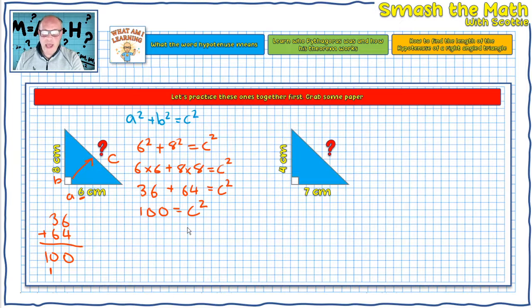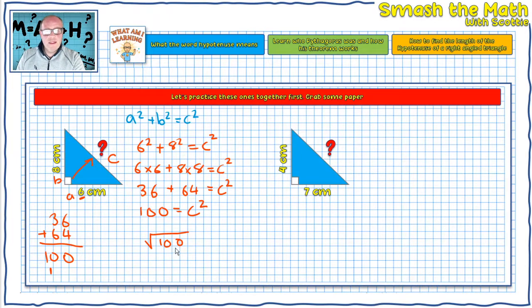Okay, now that tells us that that square behind that side is 100 centimetres squared. We don't want the whole square, we just want to know what this side is. So to do that, we do the opposite of squared, which is square root. Okay, I've got videos on square roots that you can watch. So the square root of 100.